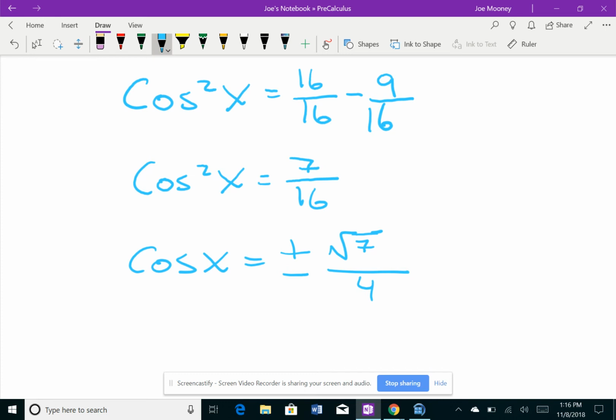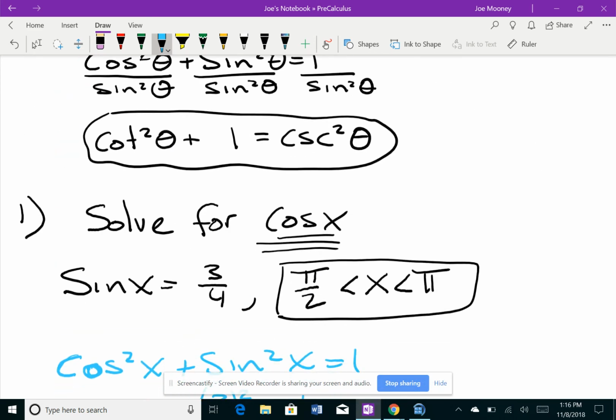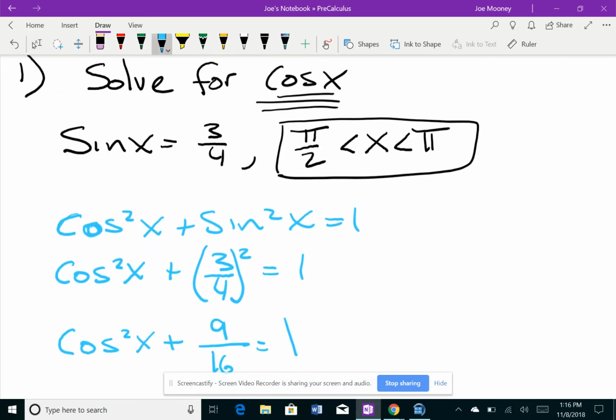We were told that sine of x is 3/4, and x is less than pi but greater than pi over 2. Whether you write it or not, think that you're in quadrant 2. Here is pi over 2, here is pi, it's bigger than pi over 2, yet less than pi. So you're somewhere in that quadrant.